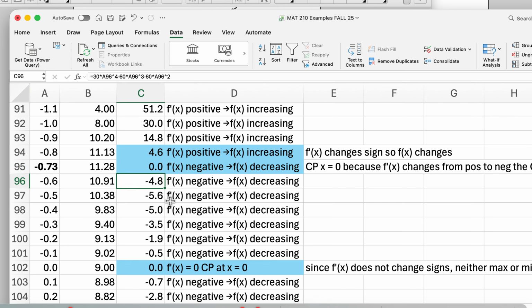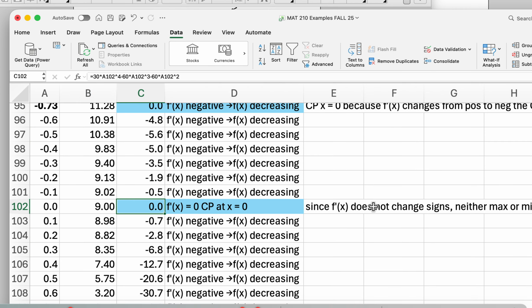All right, so now I'm decreasing, I'm still decreasing until I get to 0. Okay, at x equals 0, my derivative is 0. That's another critical point, but I don't change signs, right? I'm decreasing, 0, decreasing. So that's neither a max nor a min.